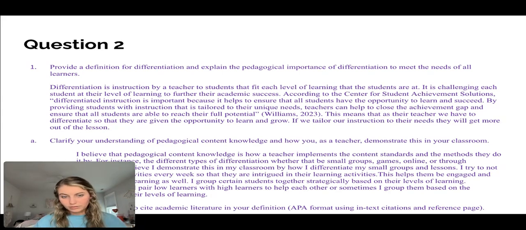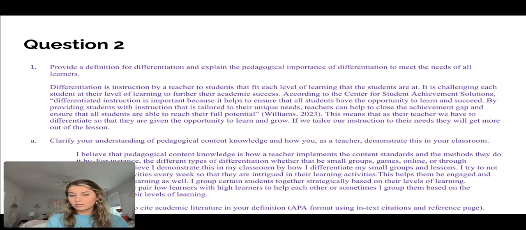For instance, the different types of differentiation, whether that be small groups, through games, online, or through technology. I believe that I demonstrate this in my classroom by how I differentiate my small groups and lessons. I try not to do the same activities every week so that they are intrigued in their learning activities. This helps them to be engaged and excited in their learning as well.